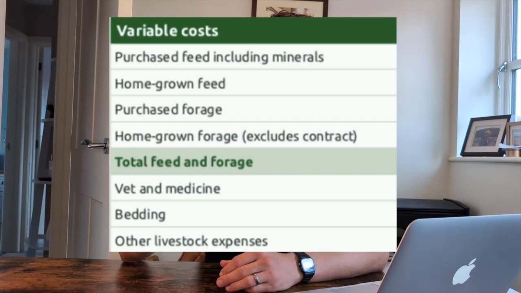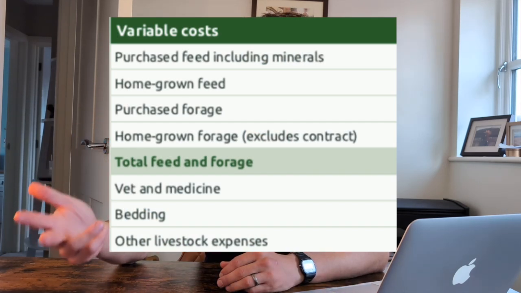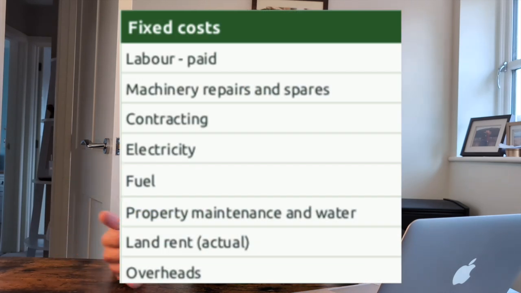So when we're adding up costs, we have to think about fixed costs and variable costs. Your variable costs include things like feed, bedding, your vet bill, and your fixed costs include things like your electricity bill, your diesel bill, land rent. Now this is an interesting one. If you own your farm, you may think, well, I don't have rent to pay, but actually you do.